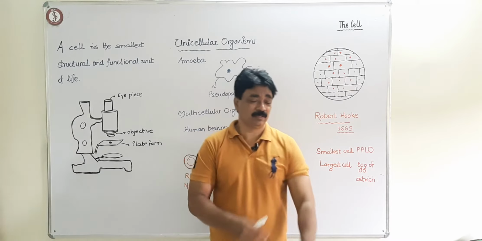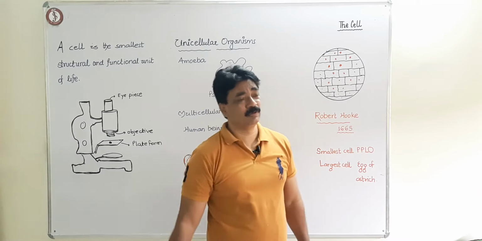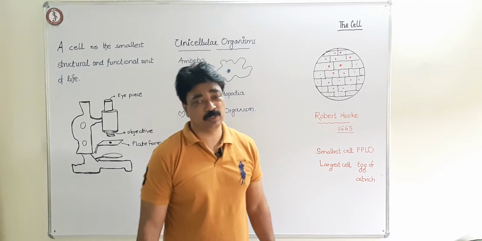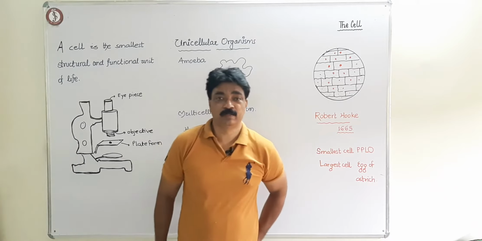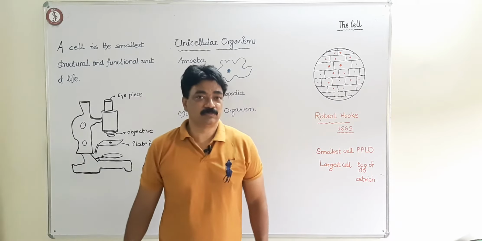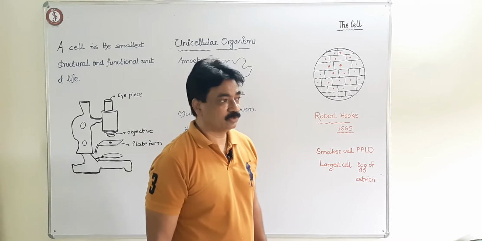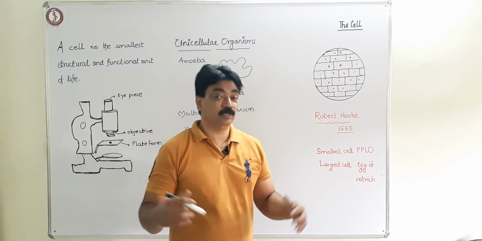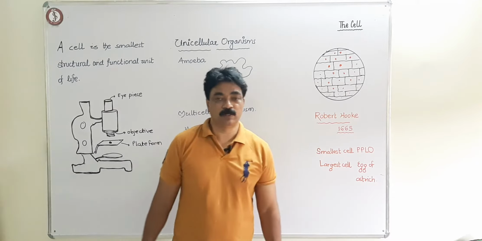For example, the skin is made up of cells, the blood is made up of cells, even hair contains some cells, and even the muscle is made up of cells. So the body of any organism is made up of cells.